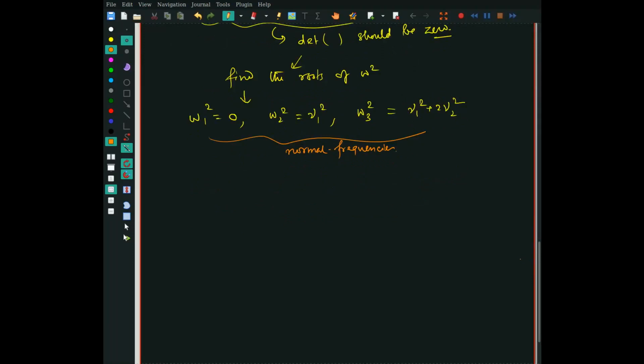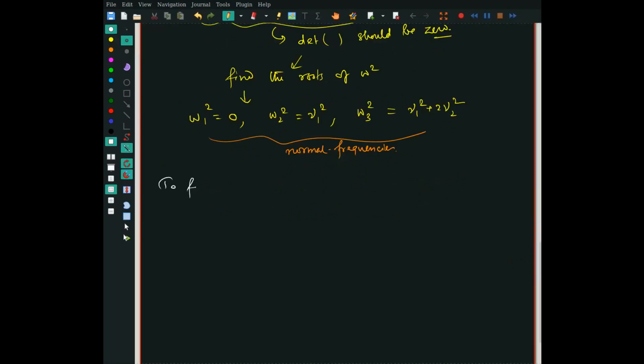Now again, to find the column matrix A for each of these normal frequencies, right? Now we have to find the normal modes of oscillation. So let me write down.